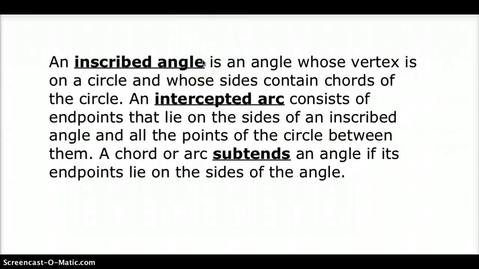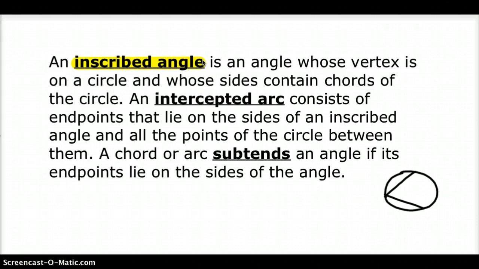It's going to be really important that you remember these. An inscribed angle is an angle whose vertex is on a circle and whose sides contain chords of the circle. I'm just going to draw a quick picture. Draw a quick circle here, and now I'm going to draw an inscribed angle that's maybe like this.